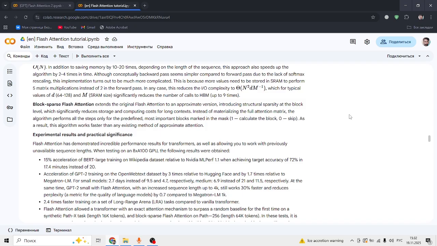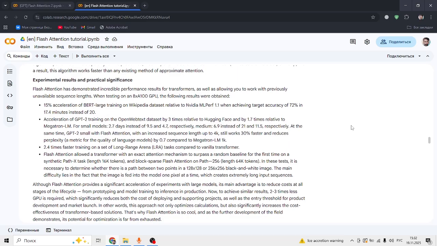Instead of this, we mark the most preferred blocks. With 1, it means we need to calculate them, and 0, we need to skip this. And at the moment, this is the fastest algorithm of all existing approximate methods in attention.